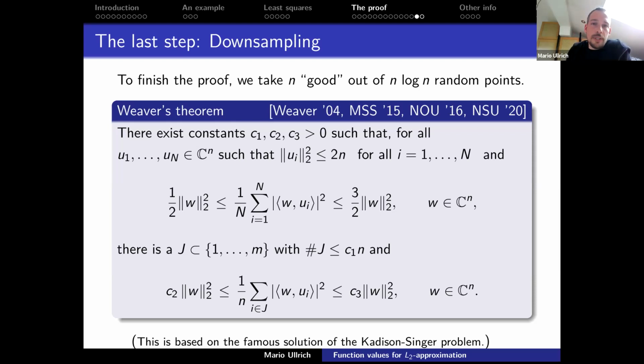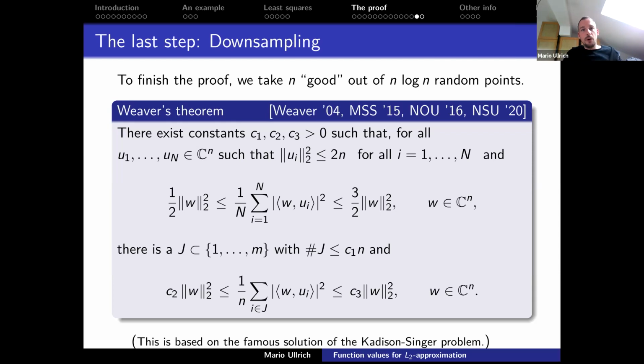And it turns out in recent papers, where I was also involved a little bit, that this enables you to make a really nice downsampling strategy. It's only an existence result, and it's not easy to do on a computer.